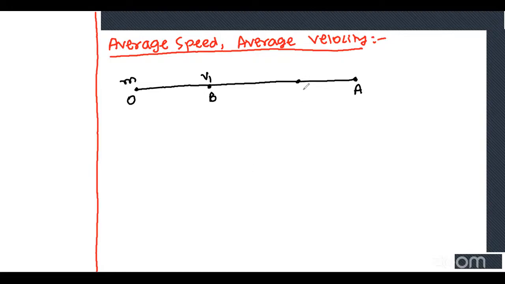At C, we are having a velocity V2. Before reaching A, we are having a velocity V3.